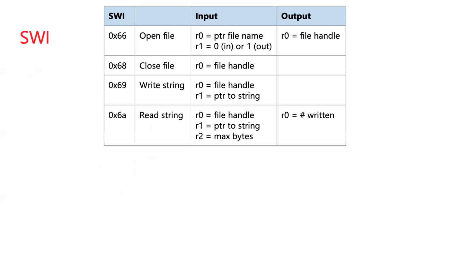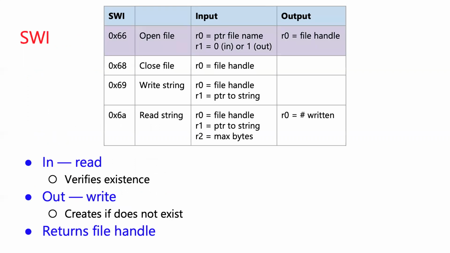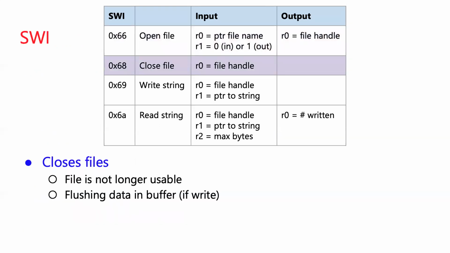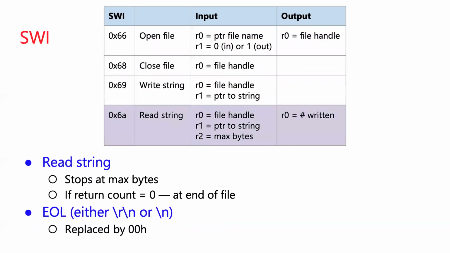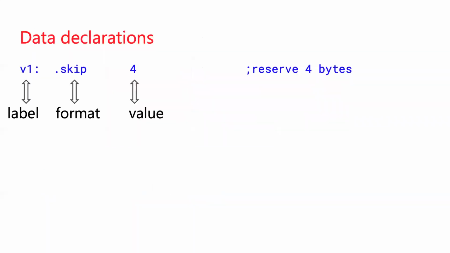I think we covered all of this: how to prepare the CPU registers with what file you want to open, what you can get back with each of these system calls. So we talked about opening a file, closing a file, reading a line of text from a file, and writing a string to a file. And we got as far as this, but we didn't talk any about data declarations. Any questions before we resume about halfway through this deck of slides?